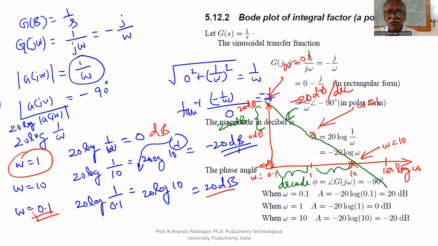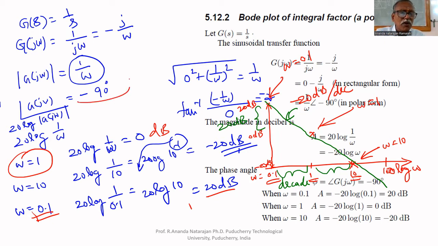Multiply 0.1 by 10, you get 1. Multiply 1 by 10, you get 10. Multiply 10 by 10, you get 100. Therefore, for 1 by S, the slope decreases at the rate of minus 20 dB per decade. So what is the phase plot?